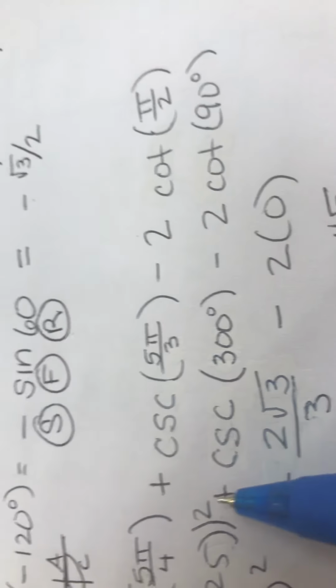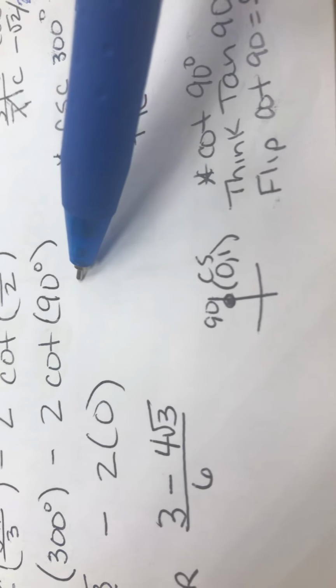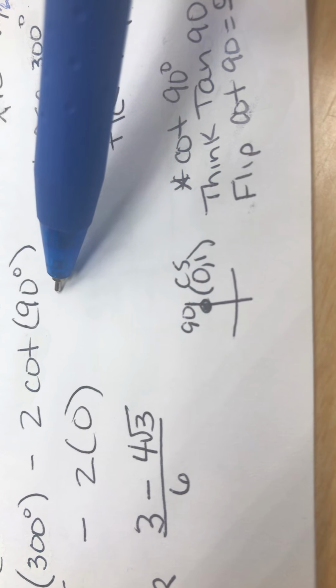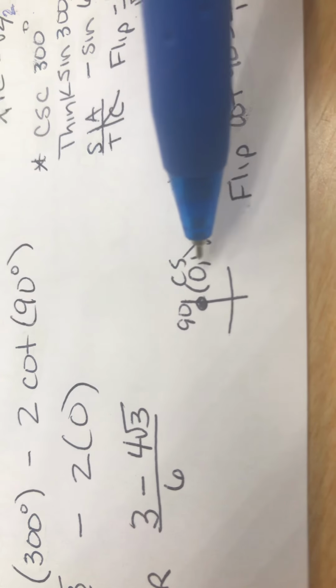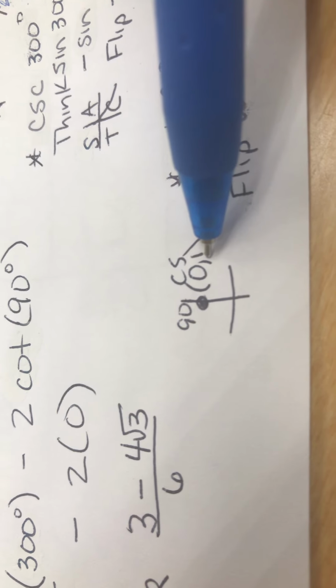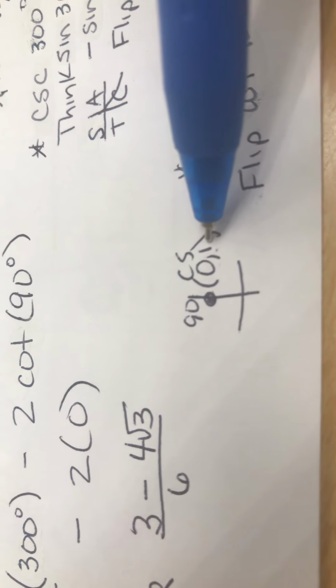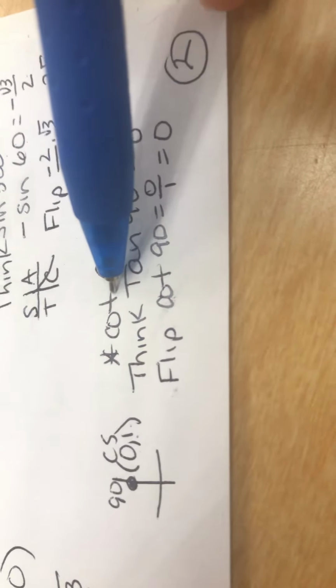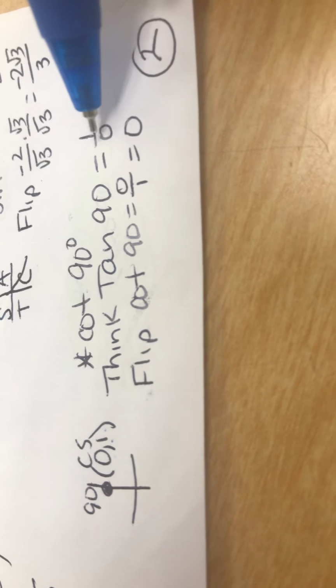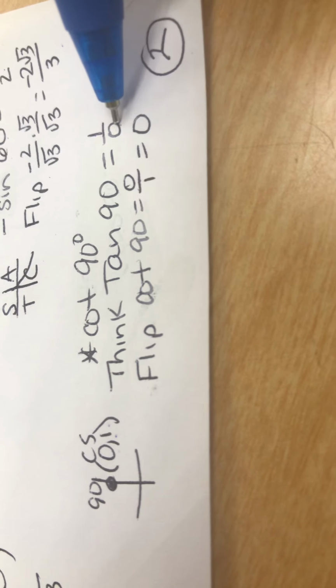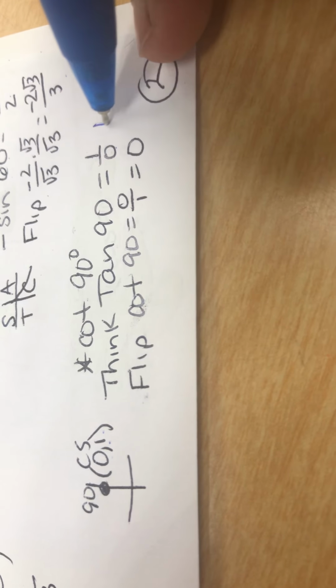So it's 2 times 0 because 90 degrees, I don't do CUCIFER, it is a quadrant angle. Because it's a quadrant angle, just plot where it would be. Look at the ordered pair of what that would be. This is cosine, this is sine. So cotan, I think tan. Tan is sine over cosine, so 1 over 0, which is undefined, but that doesn't matter.